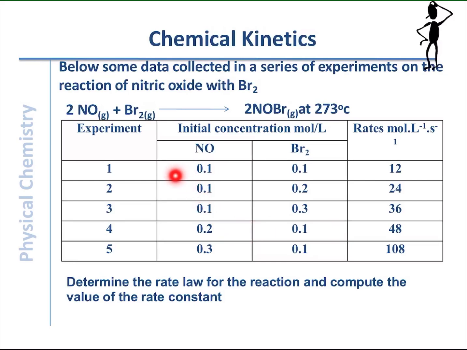What happened to the concentration of nitrogen monoxide? In experiment number 1 it's 0.1, in experiment number 4 it's 0.2. So in experiment 4 the concentration of nitrogen monoxide doubled. What happened to the rate? The rate increases 4 times, from 12 to 48.